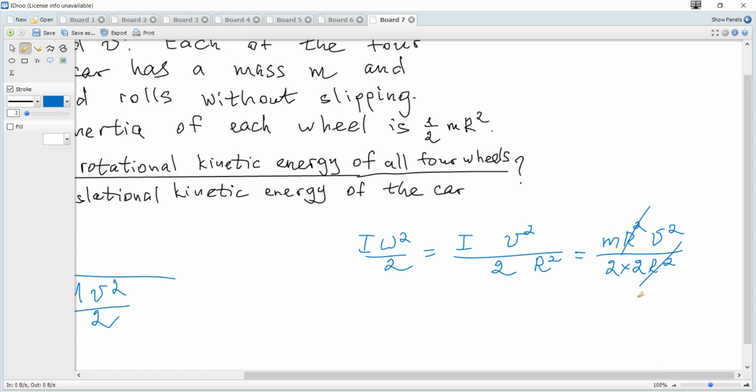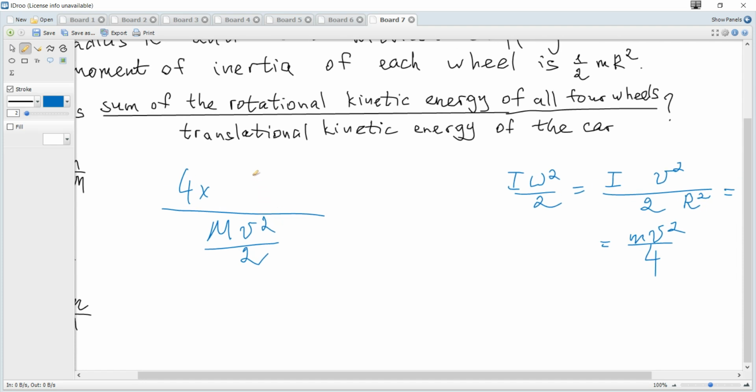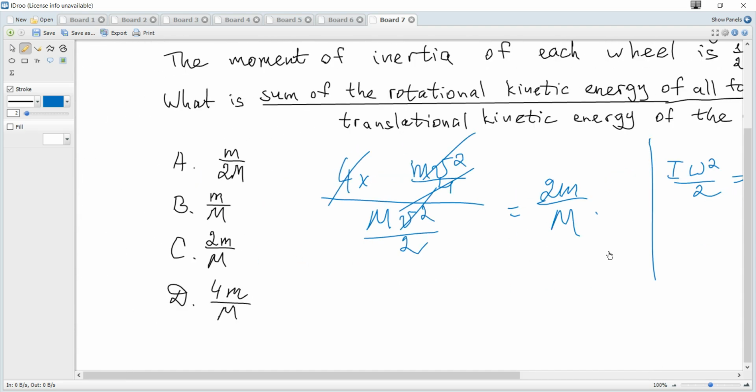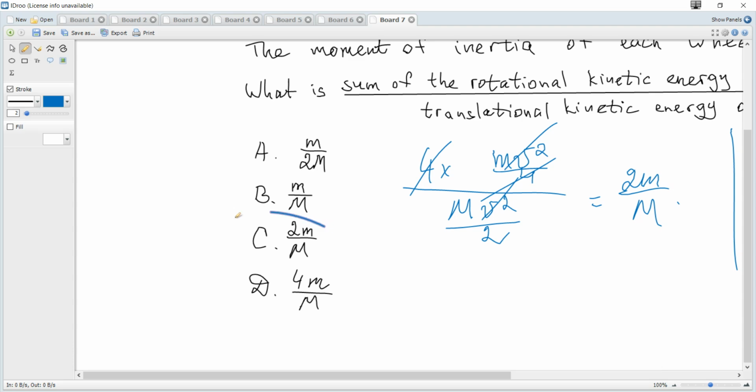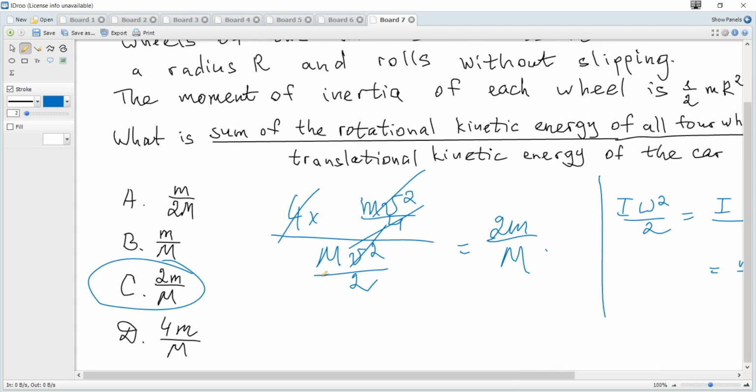R squared cancels, and it becomes m v squared over 4. 4 cancels, v squared cancels, and it becomes what? 2m over capital M. So it's C. And that's all for this question.